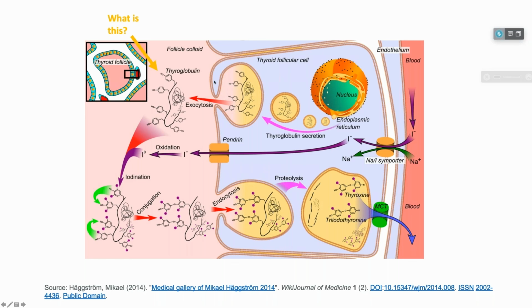Okay, so again, let's go down the list. To make it really clear, Alex, what is this thing right here? Tyrosine molecule. Perfect. And Alex, can you tell me how many iodines are on this thing? 2. Perfect. And Catherine, how many iodines are on this thing? 1. This whole thing, remember, now they've been conjugated together. So that's T3, correct?